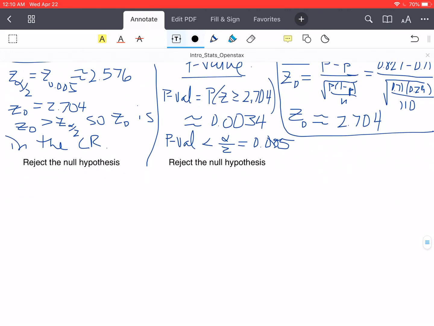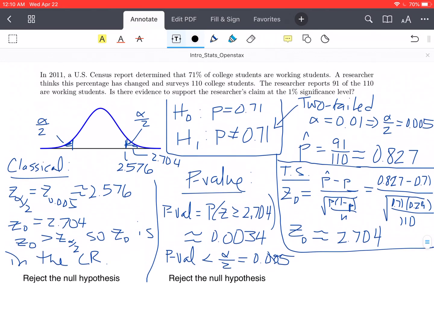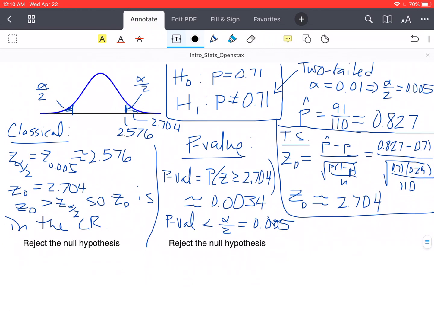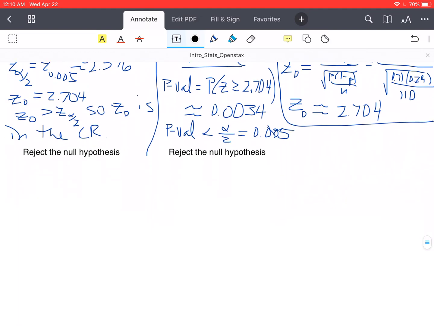So, to answer in context, the researcher was wondering if the percentage or the proportion of working college students had changed, and it looks like, based on our evidence, it has.